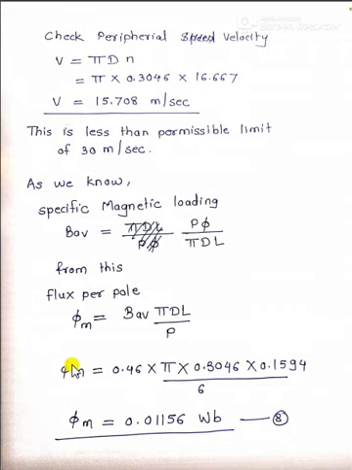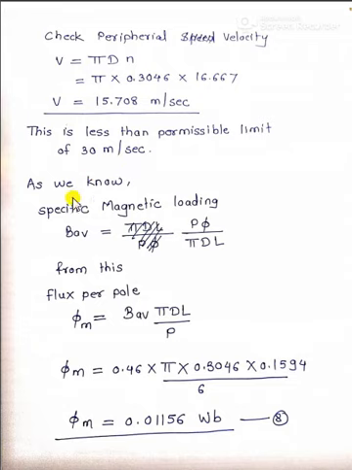As in the previous video, the peripheral velocity v is equal to pi d n. d and n are calculated. Substituting pi, d and n values, v is equal to 15.708 meter per second, and this is less than the permissible limit of 30 meter per second. So peripheral speed is calculated.